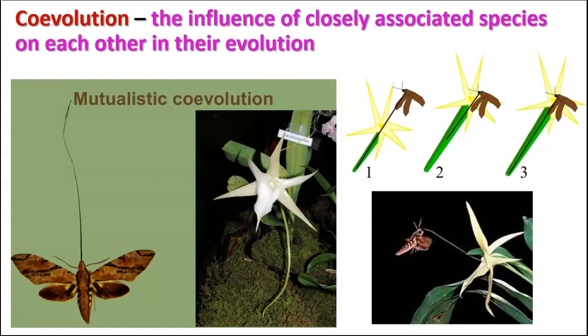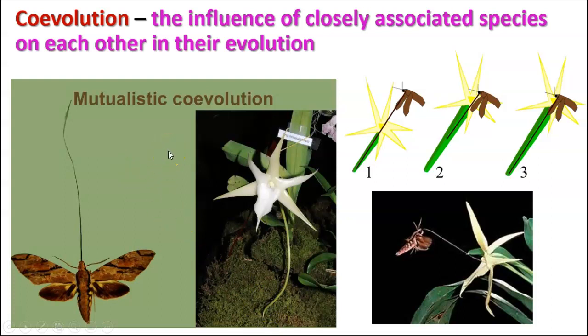We call it Darwin's orchid now, and it has a very long nectar tube down to where the nectar is, and in order to be pollinated, an insect has to reach all the way down into that tube to get the pollen from the anthers way down inside the tube.